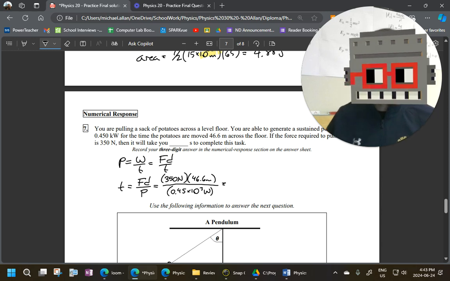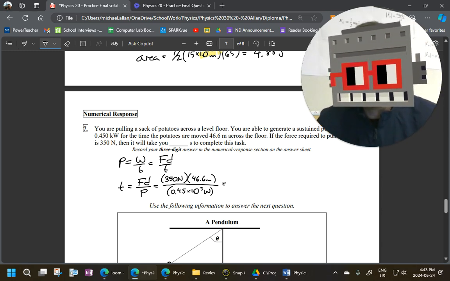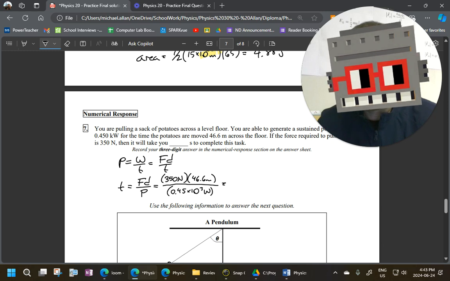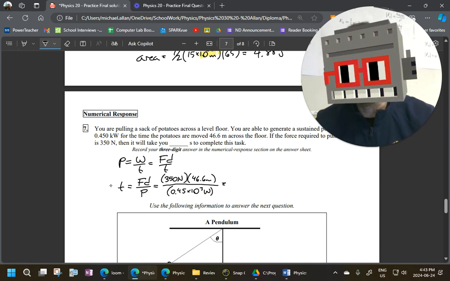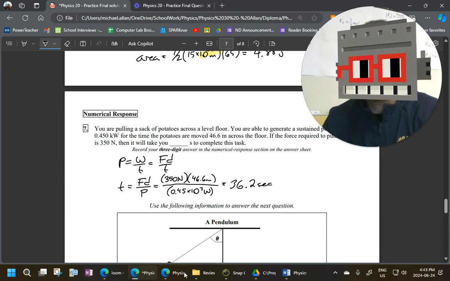So you can see that I'm going to change the units so they're not in scientific notation or in kilowatts there. Honestly, that didn't have to be in kilowatts. It's just 450. Yeah, it's just 450. It's kind of weird. I don't know why they use those units. So 36.2 seconds. All right, let's try the next one out.